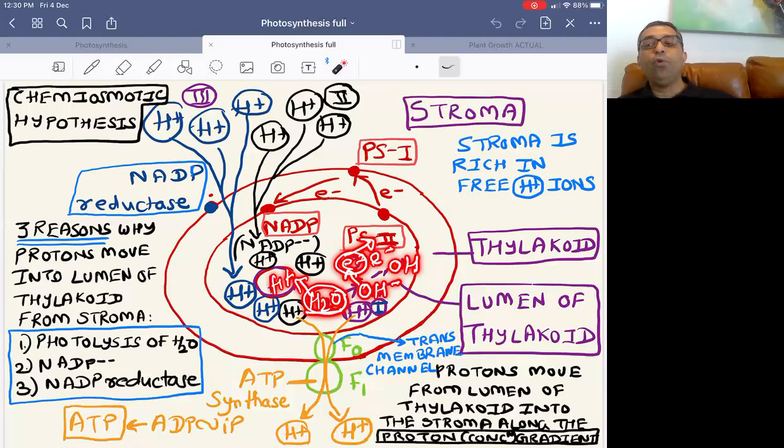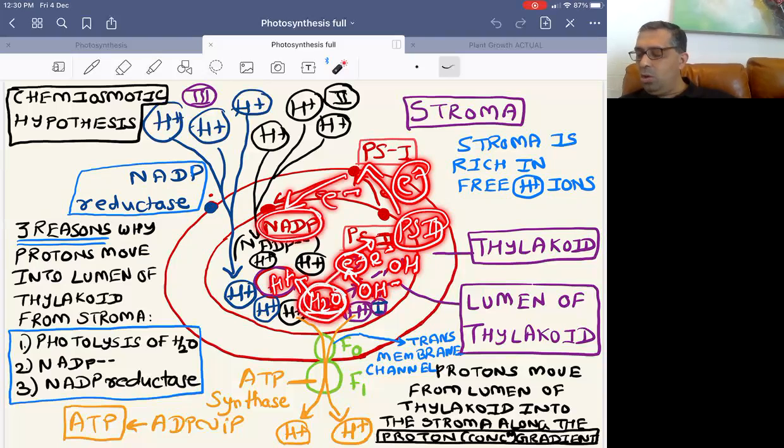So where is the flow of electron? Flow of electron is from PS2 to PS1 and PS1 to NADP, and from water electron goes to PS2 and brings PS2 back to a ground state.